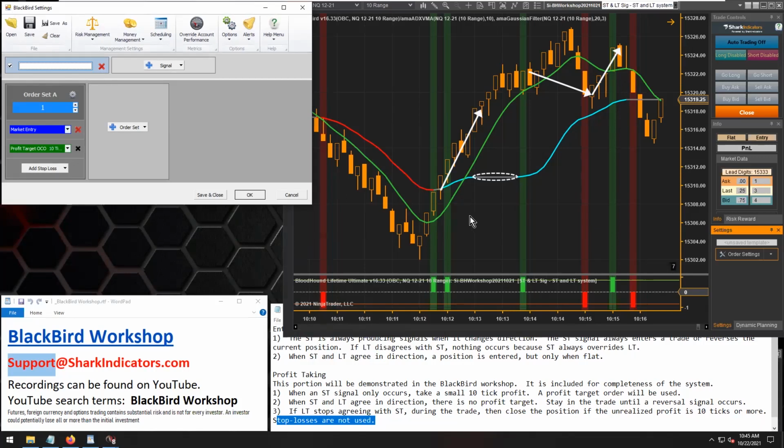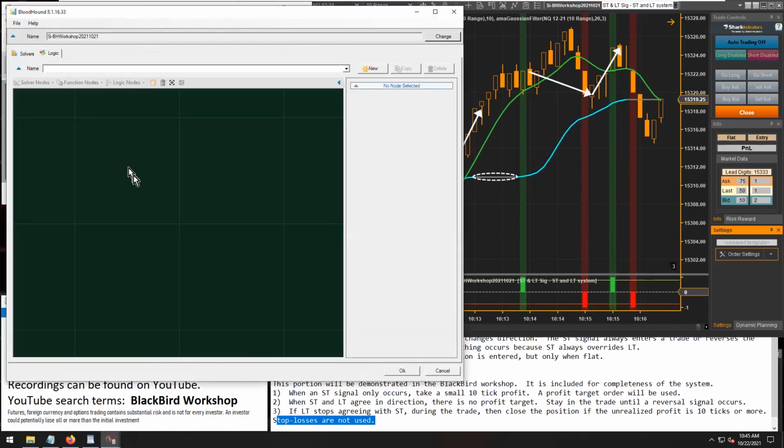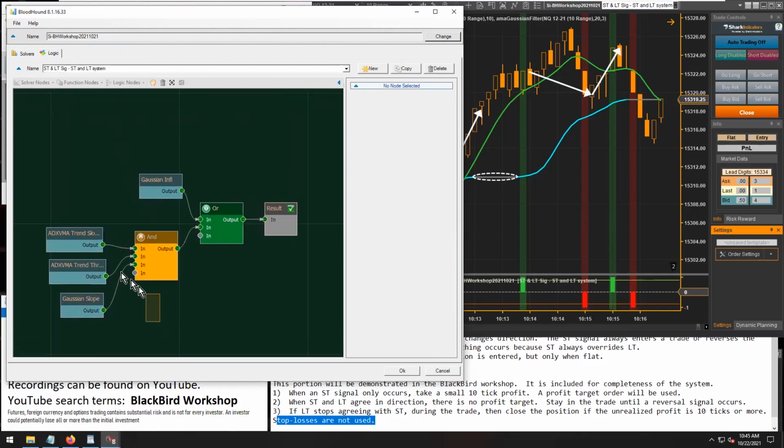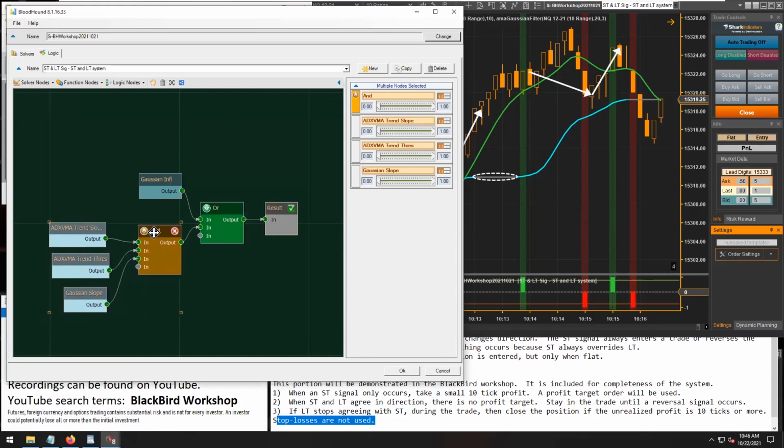Now, this long signal is when the long-term and short-term indicators agree, and this long signal also is when the long-term and the short-term indicators agree, right? So those two long signals are coming from this group of nodes here.